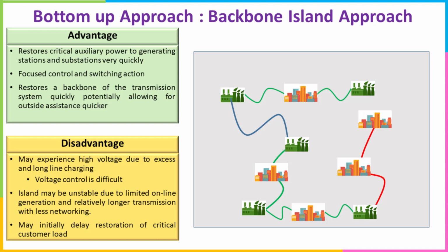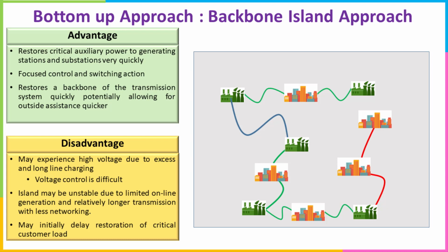The problem is that you have to charge longer lines, so voltage problems will certainly be there. But here you can focus control on these two plants, then these three plants for the frequency. So you have a very good approach of focus control and switching action. You first focus on switching on this plant, then this plant, and how much load has to be restored back. In that manner it is to be done.